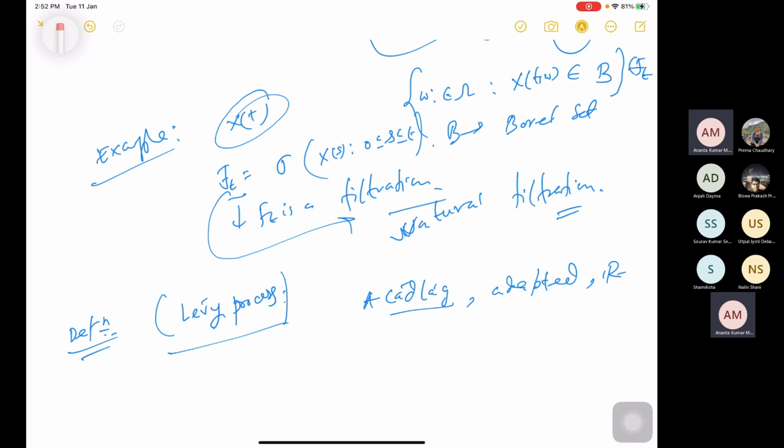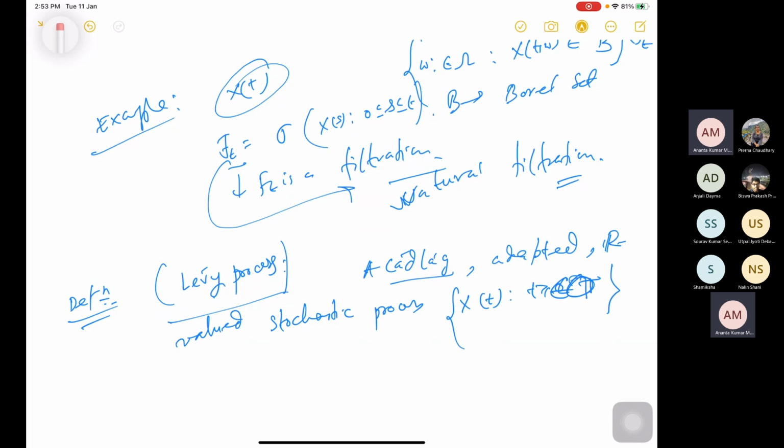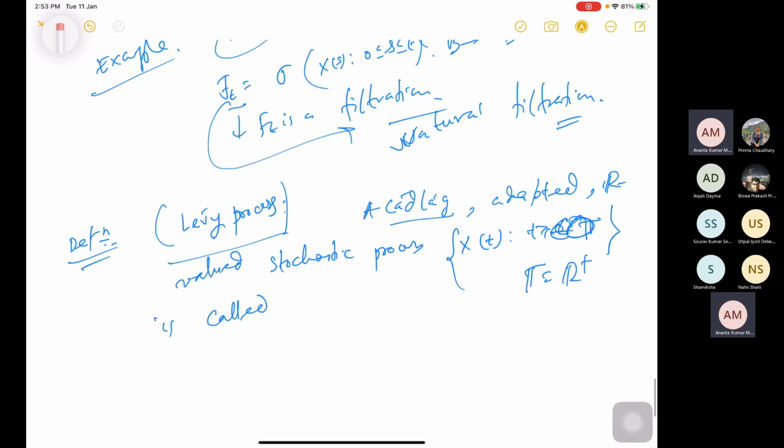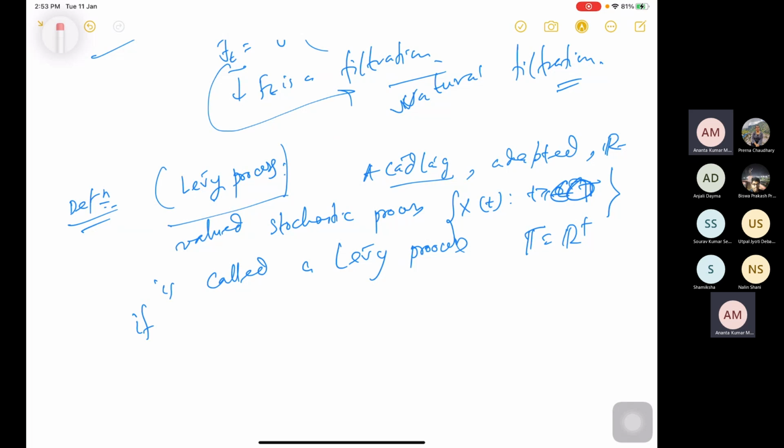A real valued stochastic process Xt, for t in your index set, in particular t greater equal to 0 because my t is R plus, for simplicity, is called a Levy process if the following holds. In particular, we start with X0 equal to 0 almost surely, and then X has independent increments.